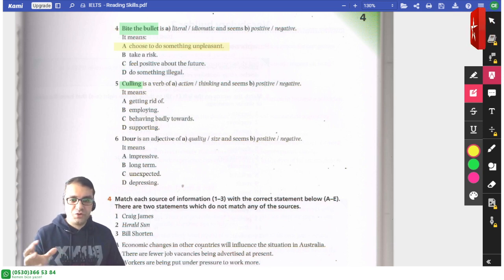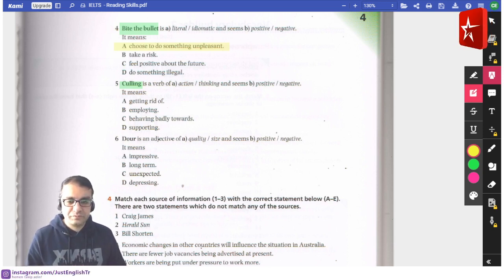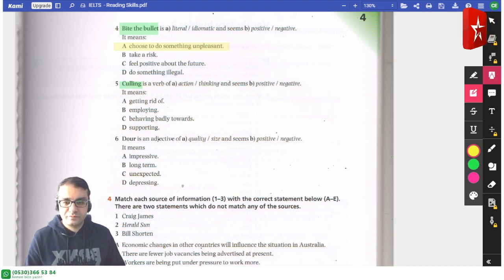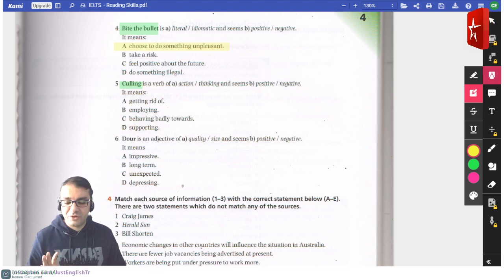A or B or C or D? Dylan, is it answer or question? Which one?